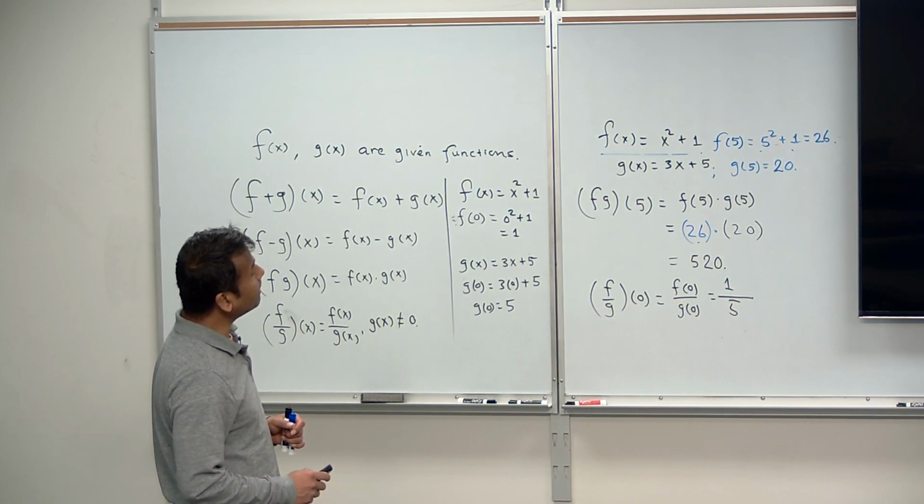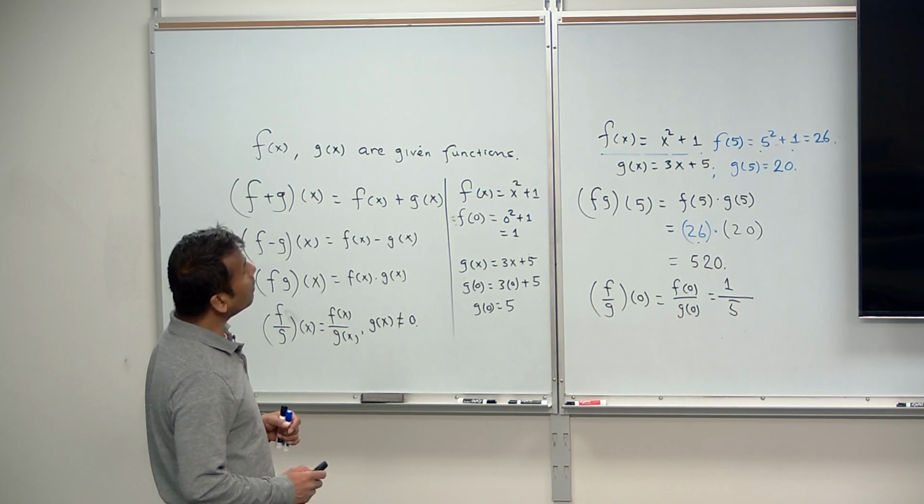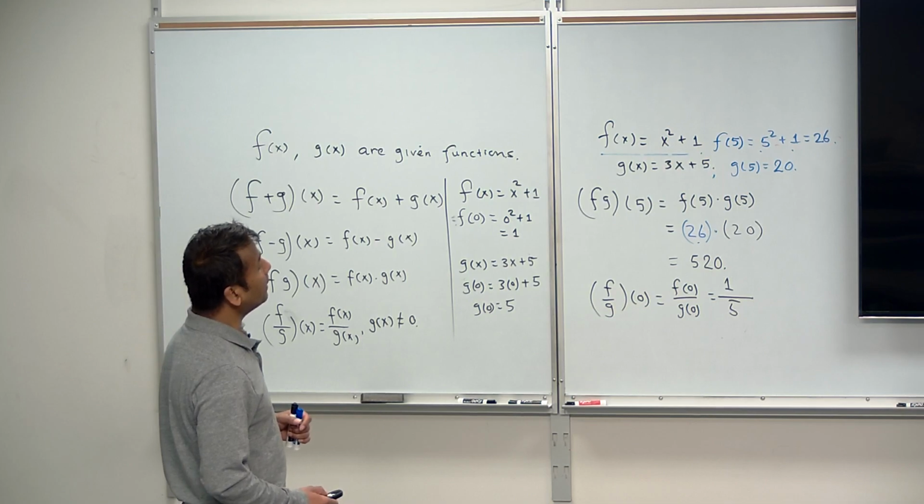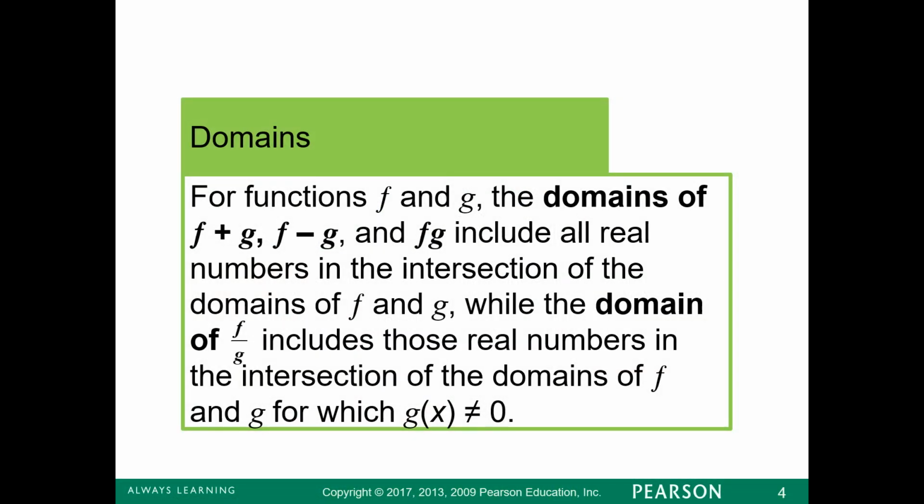Look here. So you got to be careful here when you want to find the domain. This is how we find the domain for the sum, difference, product of the function.